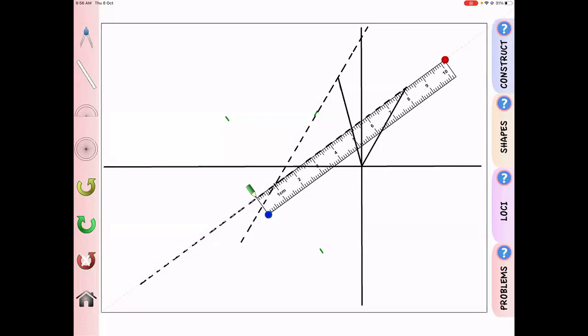So L3 equals 72 minus 15.5, okay? So that is 56.5, right? 56.5.